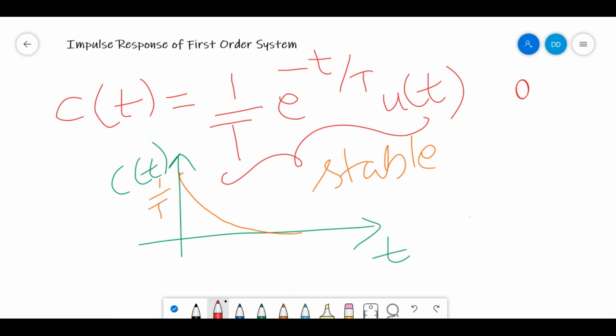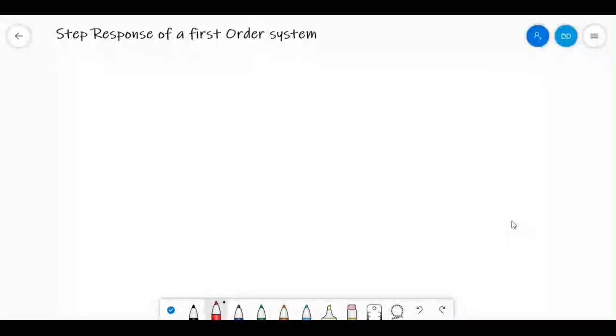Next, we will look into the step input response of a first order system. We will consider a unit step signal applied to a first order system, and we are going to find the response of it.